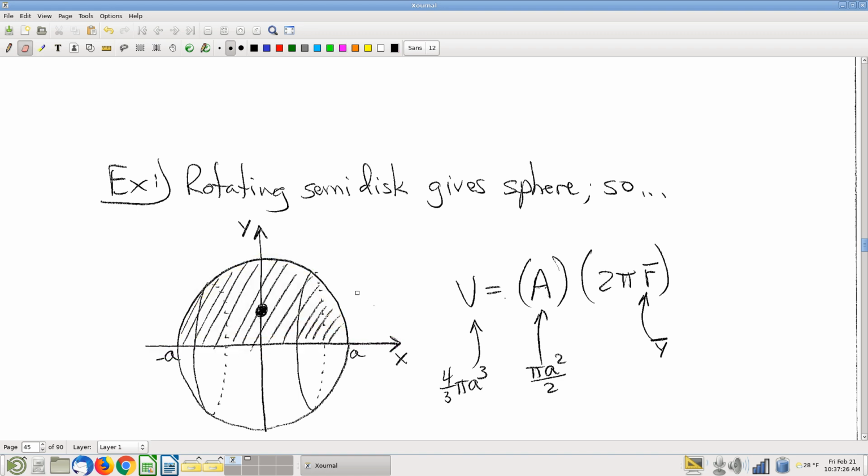Okay. Well, in this case, the centroid is unclear. The centroid of that semidisk, we went to quite a bit of trouble to compute that previously, and that y coordinate of the centroid was trouble.